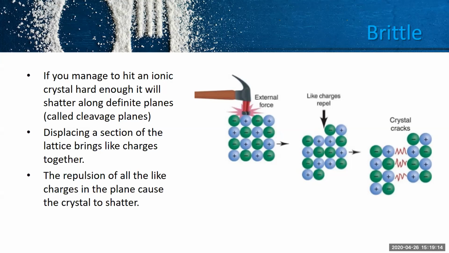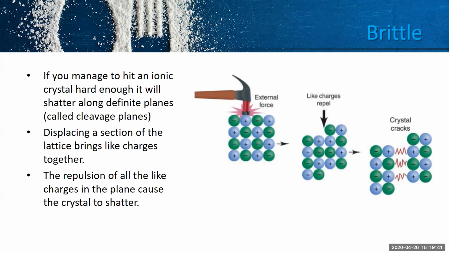If you displace part of the lattice, even by 1 atom, what you can see in the middle diagram is that having just displaced that by 1 atom causes like charges to be together. So you can see the plus is next to the plus and the minus is next to the minus, and that will happen all the way through the entire lattice.